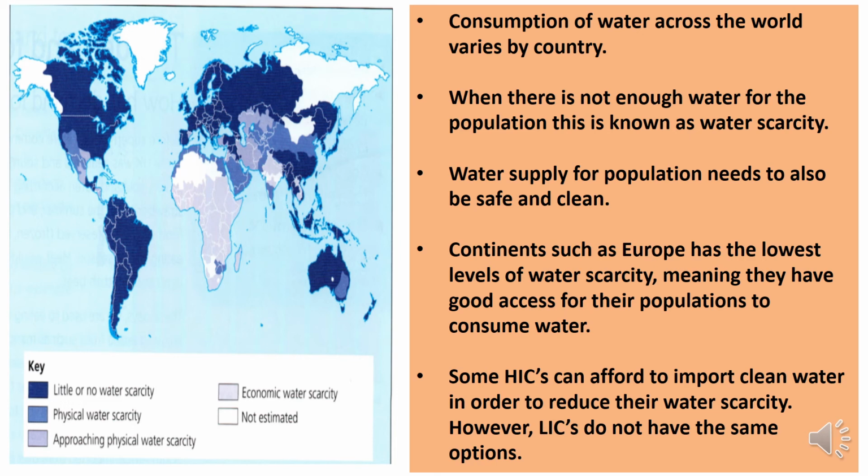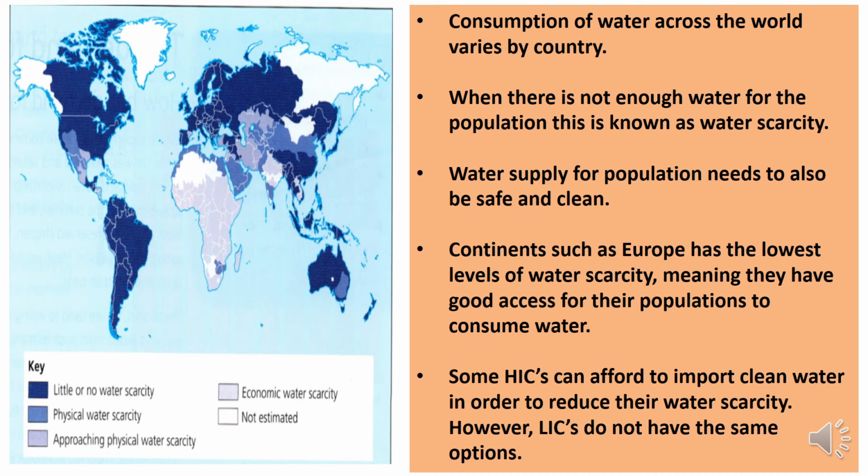The map on the slide shows water scarcity. This is when there is not enough water for the population. However, it must also be a clean and safe supply of water to service the population's needs. Again, at this point you may wish to pause and see if any of your case study countries have good or low water scarcity or struggle with their water scarcity levels.